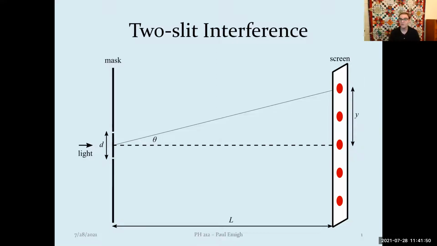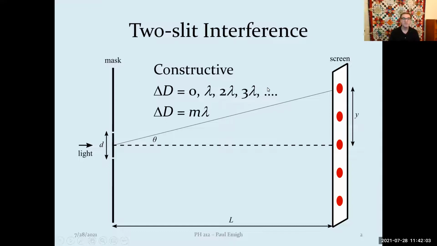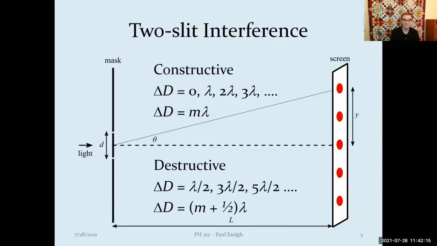Our task is going to be to try to figure out where those dots are located on the screen. The way that we're going to do that is we are going to leverage what we know about interference already. We found last week that constructive interference has path length differences that are integer multiples of the wavelength, giving us 0, 2 pi, 4 pi phase differences.